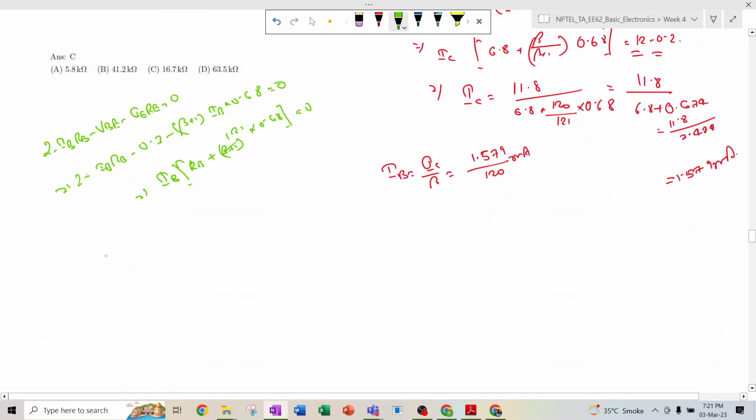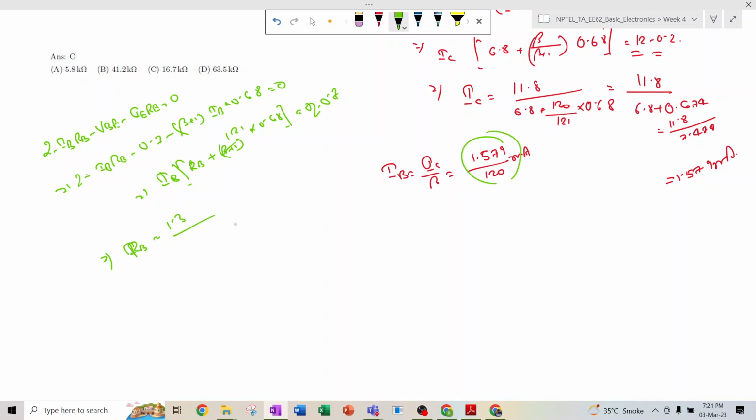You know the IB, right? Sorry, you will get 2 minus 0.7 over here. So RB is nothing but (2 minus 0.7) divided by IB, minus 121 into 0.68. IB you got, so 1.3 into 120 over 1.579, and this thing goes to this side.